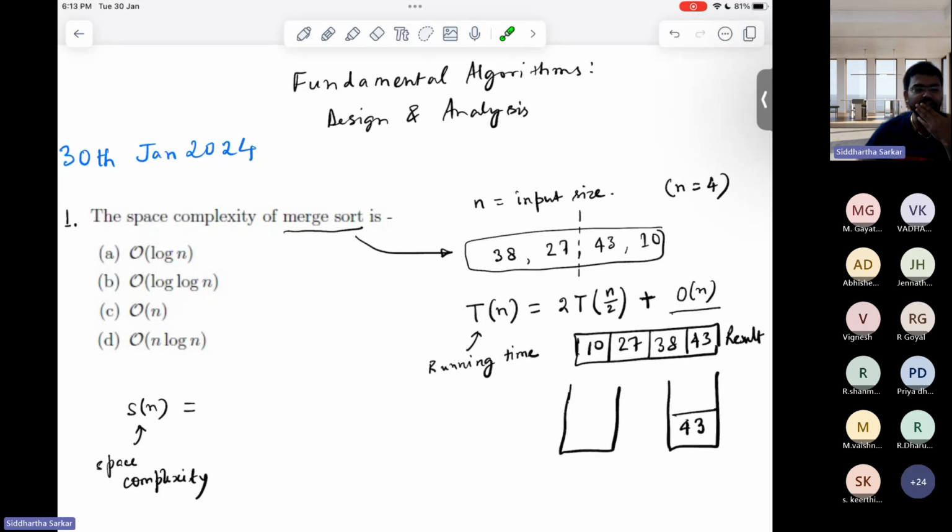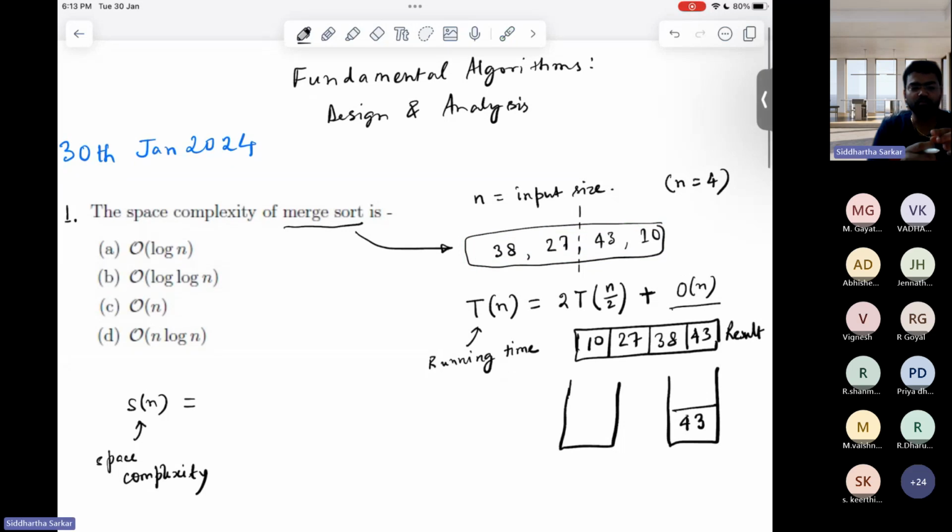Okay, so when we are asking space complexity, we are asking that if we do the best job, if we have the best implementation, then how much space will be required? Space in the sense of additional space. So the input is given to you, that is taken n space, order n space. Now, additionally, how much space will be required? That is the question.